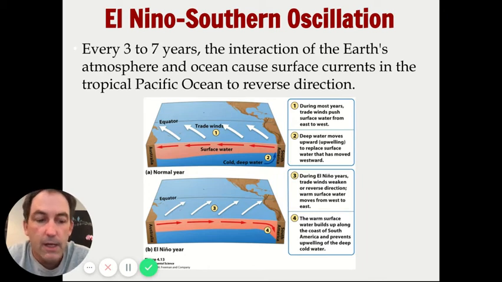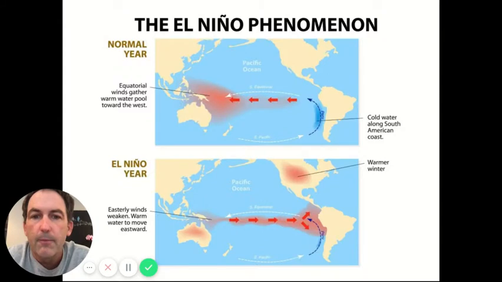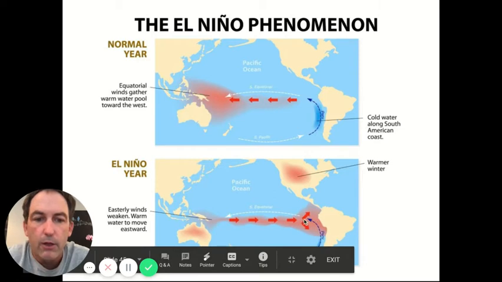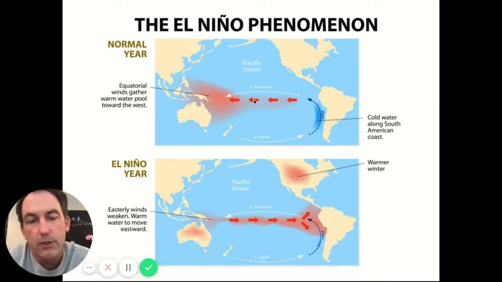These two states are the El Nino-La Nina phenomenon. When you have an El Nino condition, you have a large amount of water that's warmer than average, piling up against the coast of South America. And in the reverse, the La Nina or normal condition, you tend to have that warm water piling up in the Western Pacific.